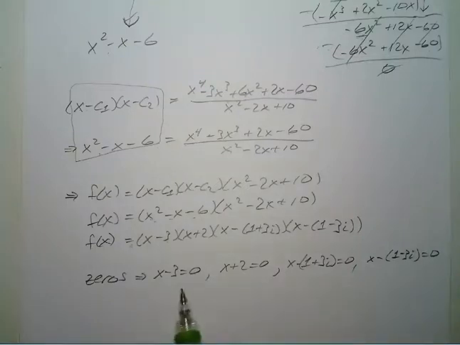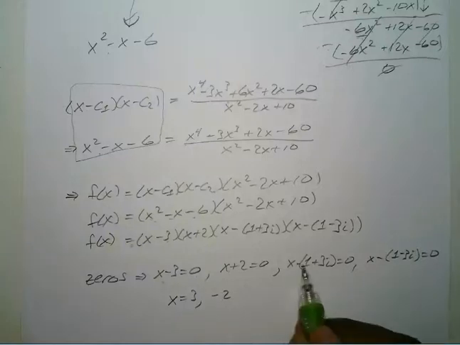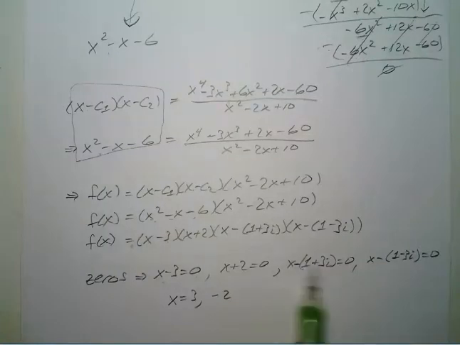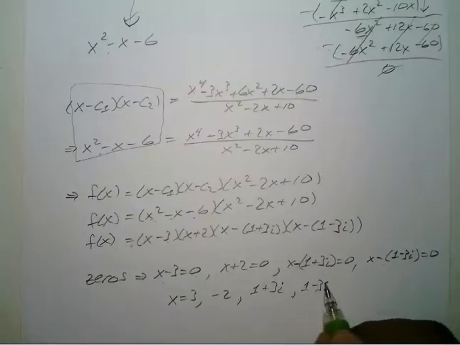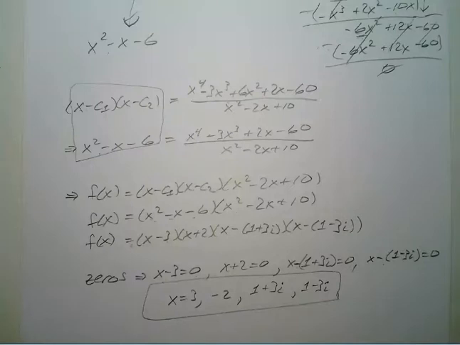Okay, so that just means if you add 3 to both sides, you get x equals 3. Subtract 2 from both sides, you get x equals negative 2. Here, if you add 1 minus 3i to both sides, and if you add 1 plus 3i to both sides, these are your zeros.